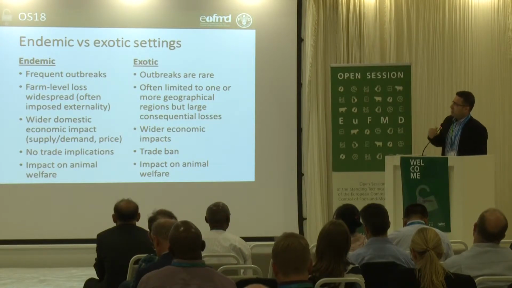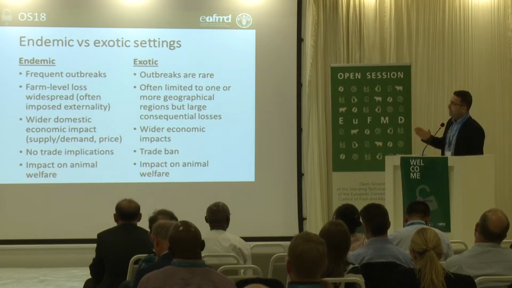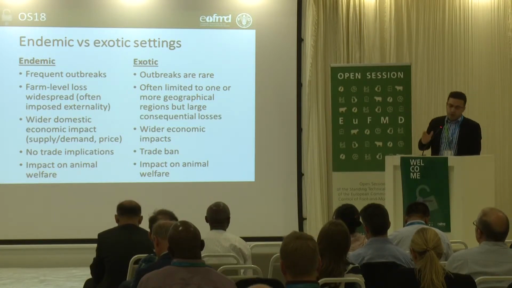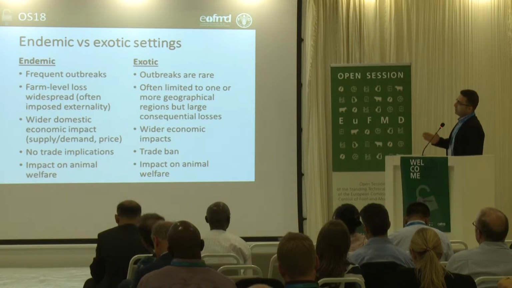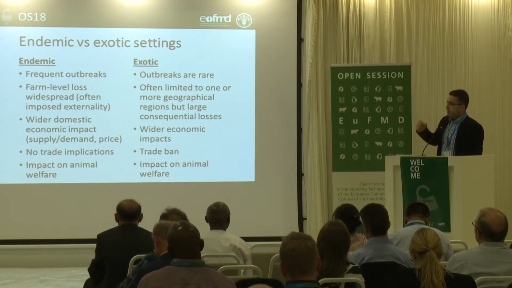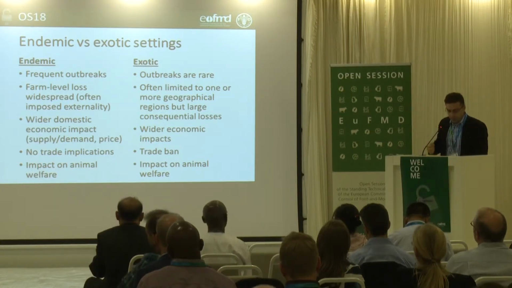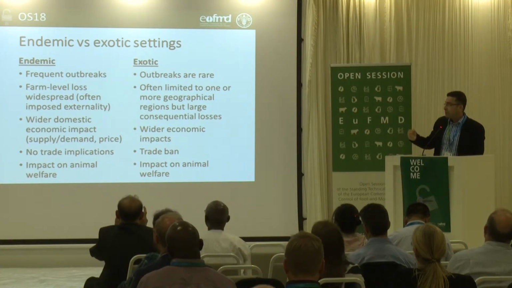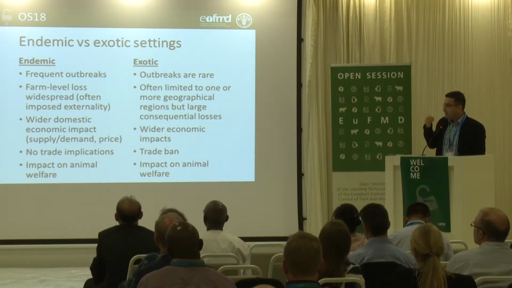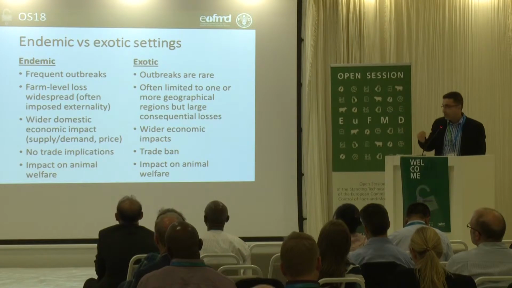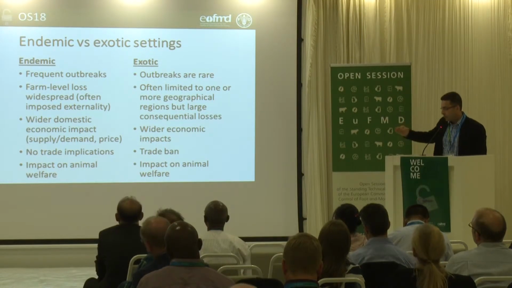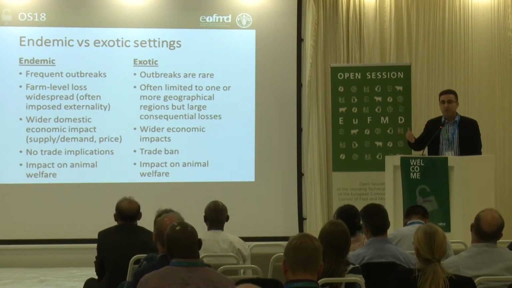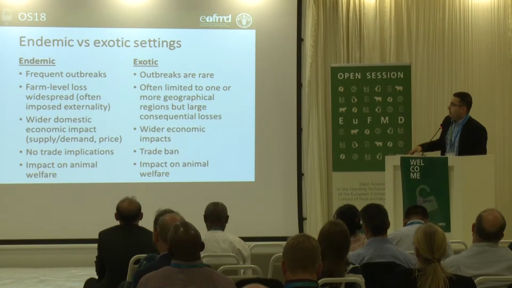Coming back to endemic versus exotic settings, I thought it's important to distinguish between these two when we talk about vaccines and our strategy to deal with foot and mouth disease. With endemic diseases, frequent outbreaks are expected. There is farm level loss, very widespread, with externalities often imposed by misuse of vaccine or other behavior, such as a low level of biosecurity by the neighbors.